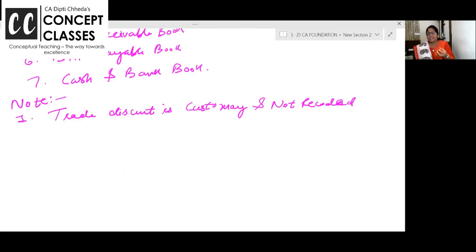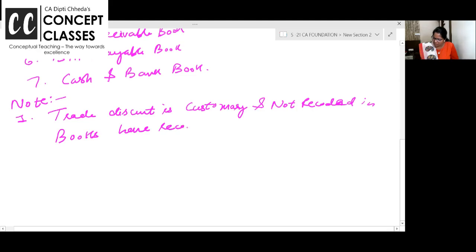One day before the exam, by the end of the foundation coaching, 2-3 notebooks will be filled up. तो ढूंढते रह जाओगे फिर. Trade discount is customary and not recorded. Trade discount, this is customary. I hope you know what is customary. You know, like traditionally देते हैं, not recorded in books.